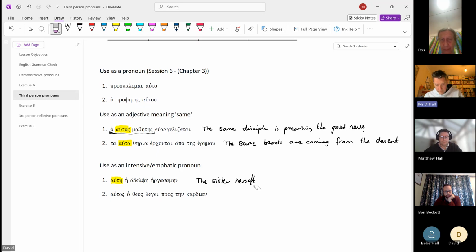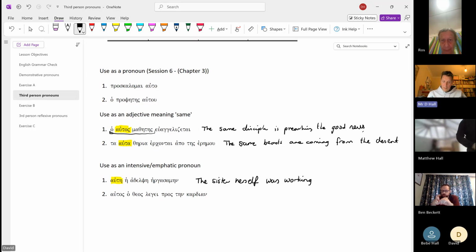So the sister herself, and this is from the verb to work, and it's in the past, so was working. Just Gatsamai. Okay, so the sister herself was working. And so the key here is to note that we have the pronoun in a different place. Okay, so it's in front of the article.